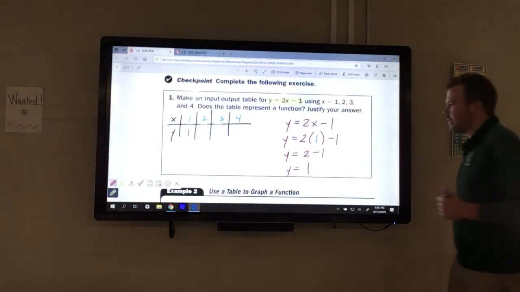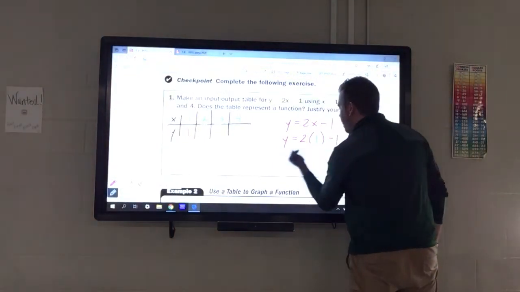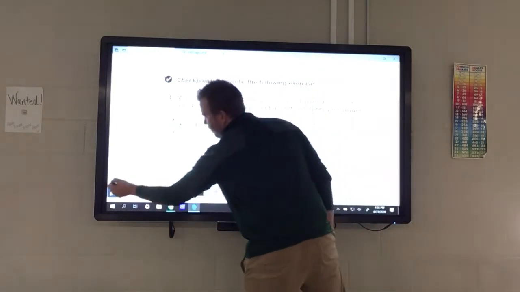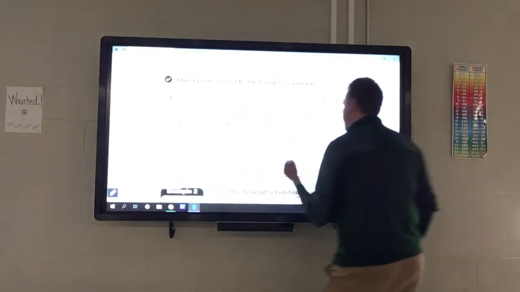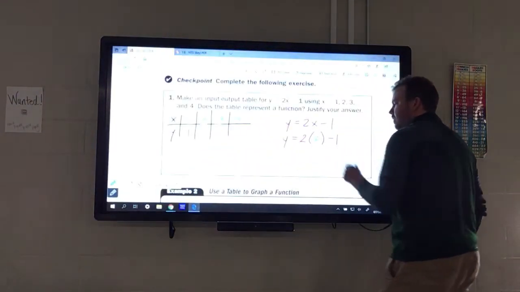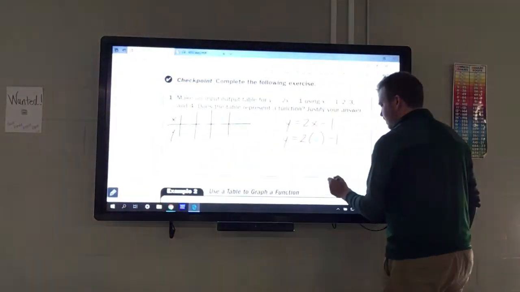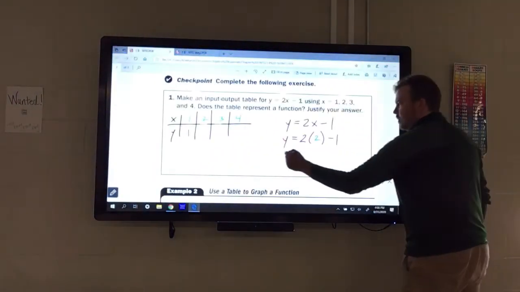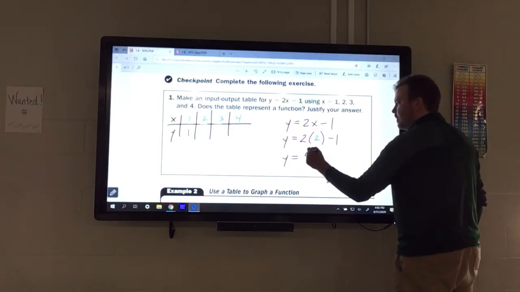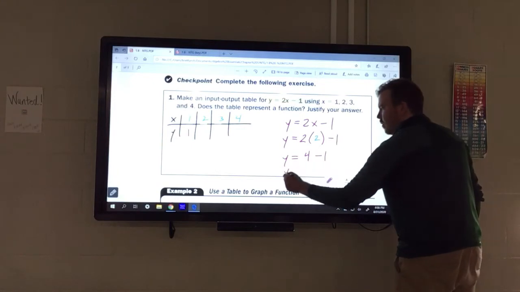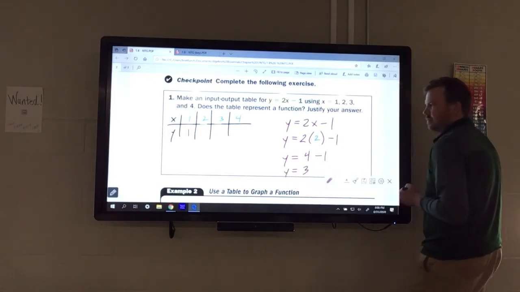Let's now evaluate for x equals 2. So we plug in 2 for x. So y is equal to 2 times 2 is 4 minus 1, or y is equal to 3.